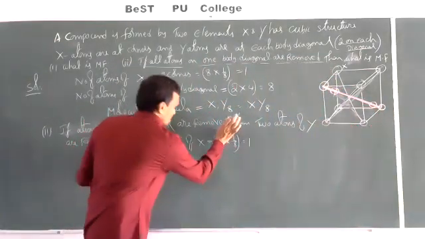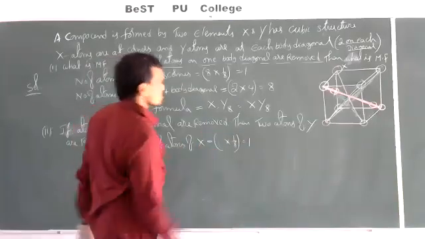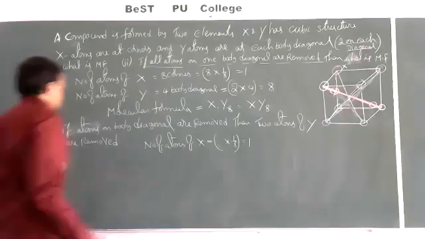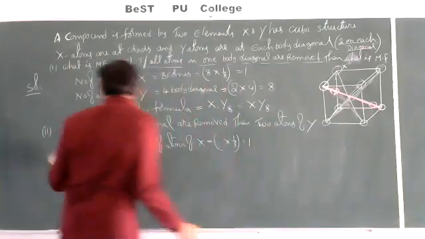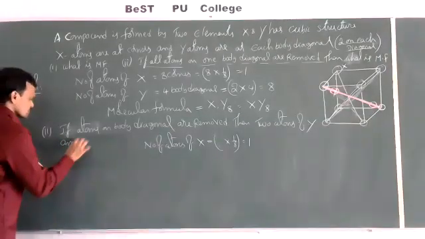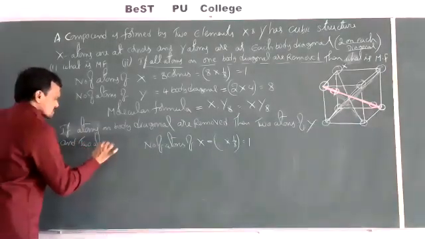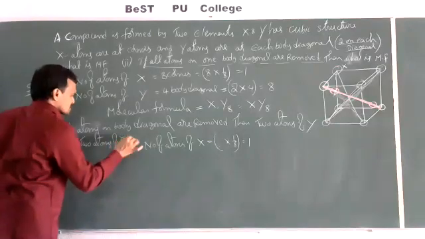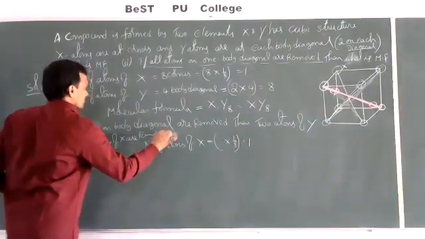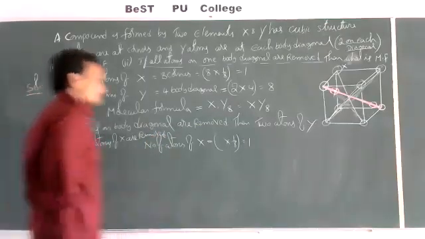So 2 atoms of Y, sorry, one mistake. So 2 atoms of Y and 2 atoms of X are removed. Small mistake here.